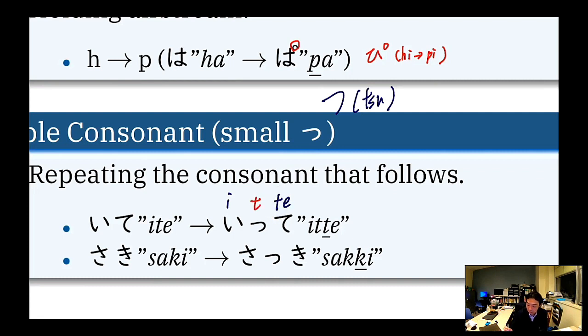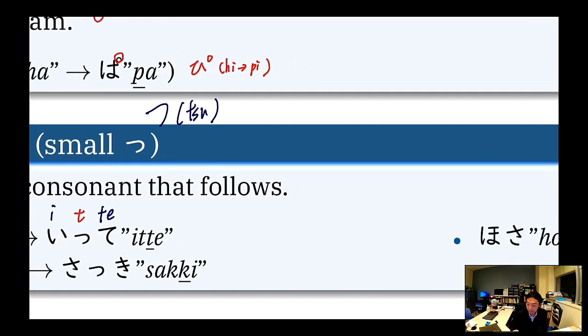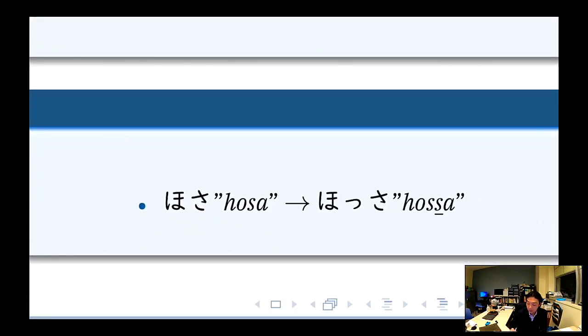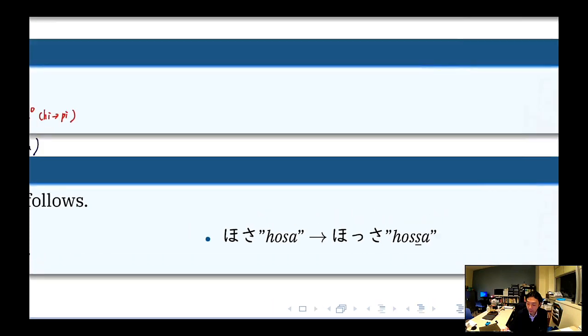So now it becomes itte. And this one is saki. Again, you have a little tsu here. Now you repeat the K sound twice. Sakki. This is hossa.